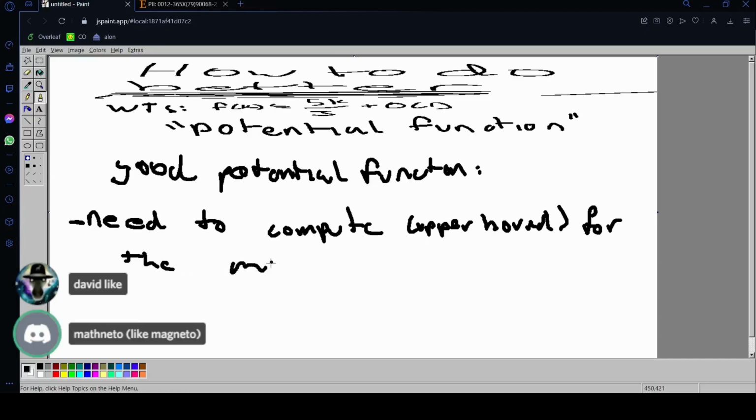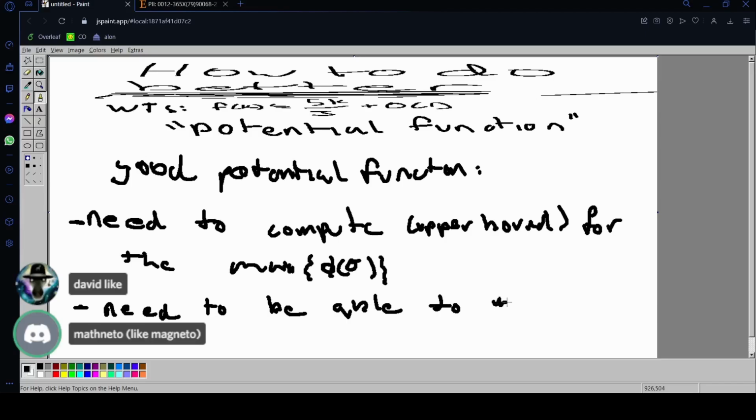Basically the function needs to be determined by something where we can say something about this maximum, so that we can get a good bound on F. The other thing is we need to be able to make local progress.